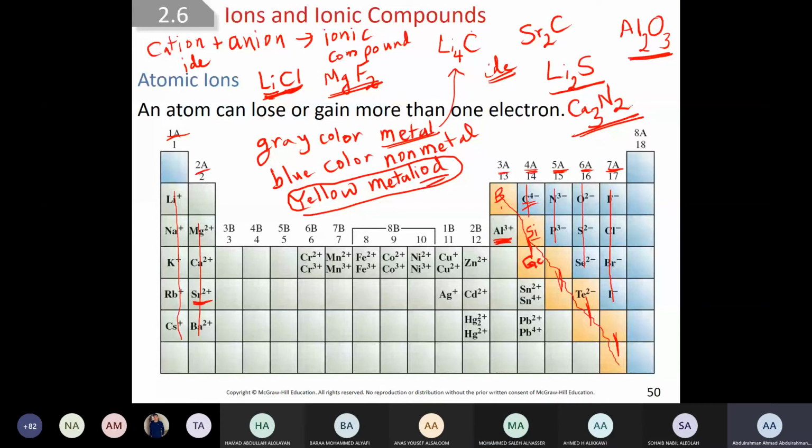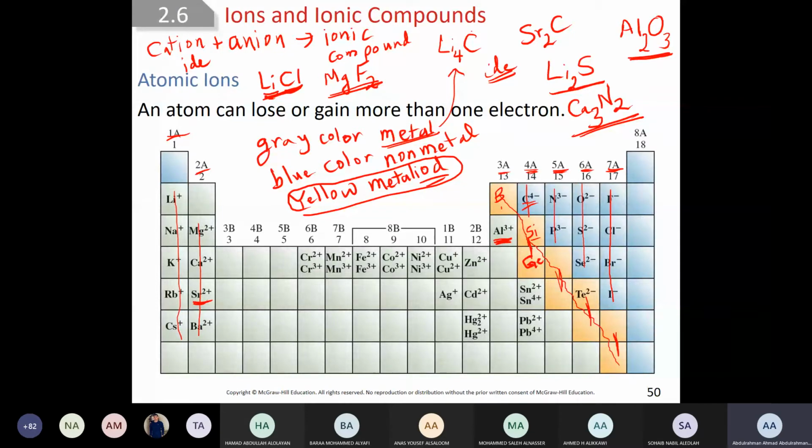Name the compound. Strontium carbide. You just memorize the name. It's called strontium carbide.